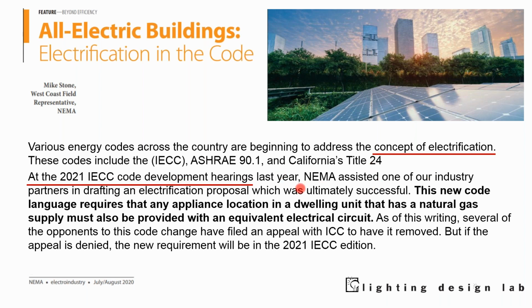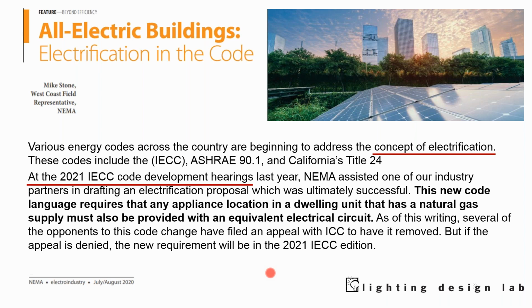NEMA said that this new code language requires that any appliance location in a dwelling unit that has a natural gas supply must also be provided with an equivalent electrical circuit. So if you're putting in gas water heaters, you have to have an electric circuit running to that location as well.